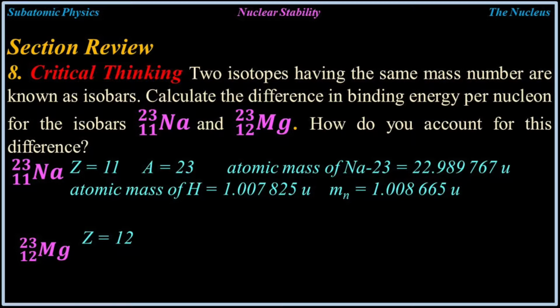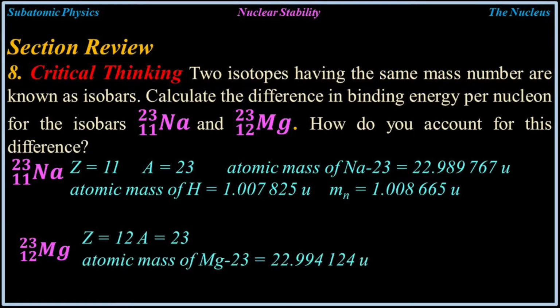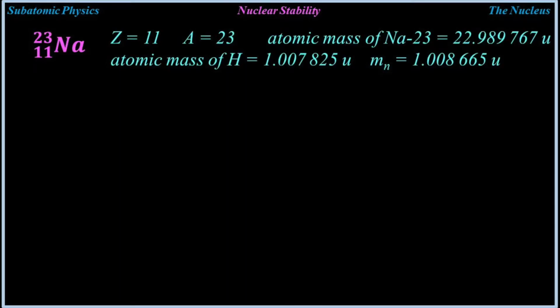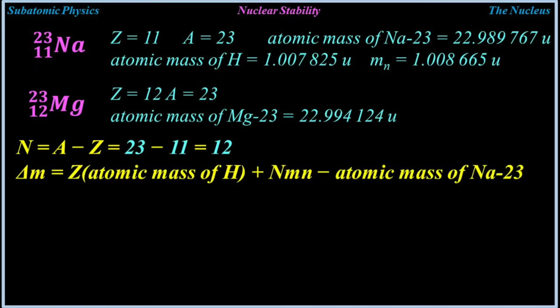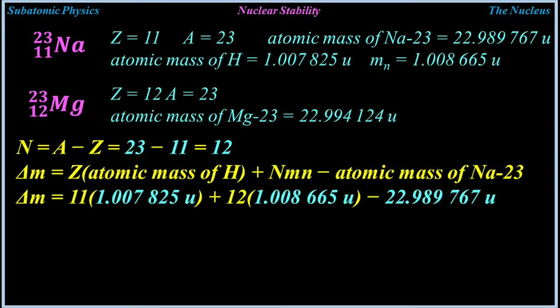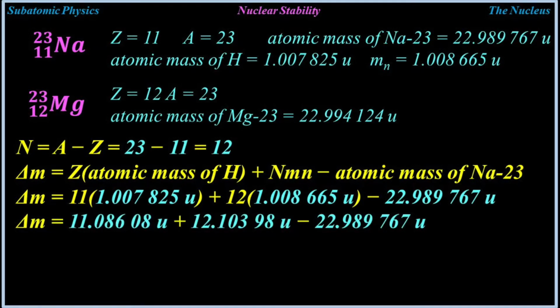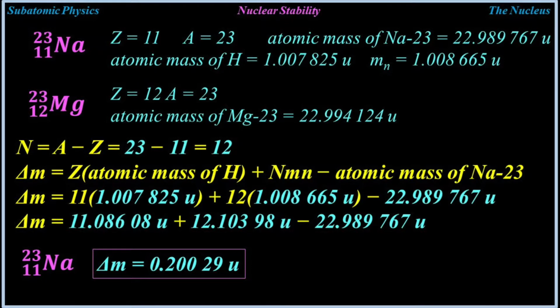There's the Z, of course, for magnesium, and 23 is A. I'll clear some space here. So we have all the information we need up top for sodium and magnesium 23. Now we're calculating the delta M for sodium 23, and that's going to be 0.20029.